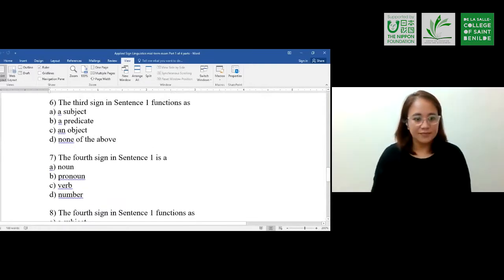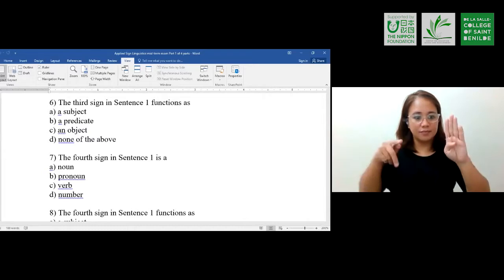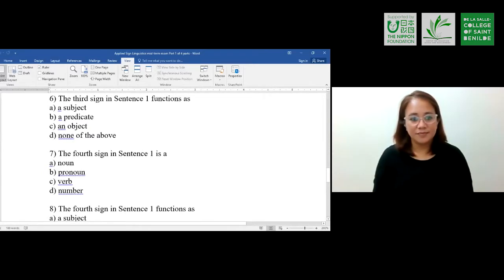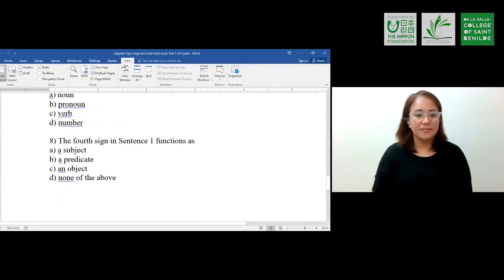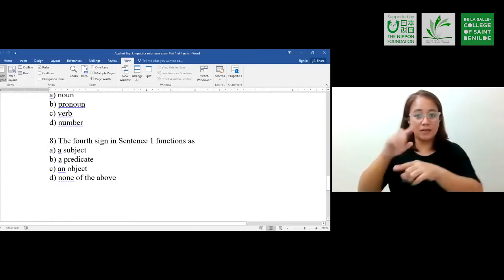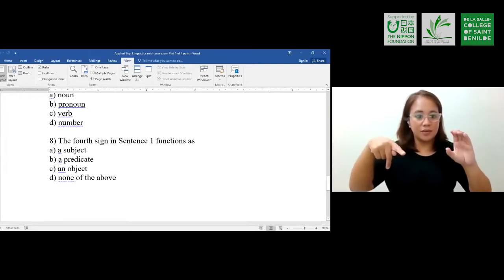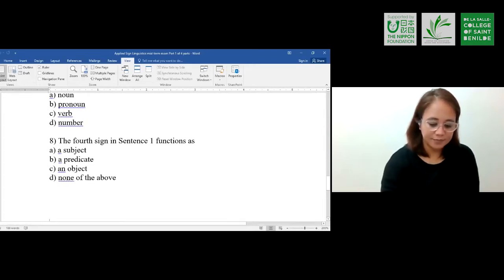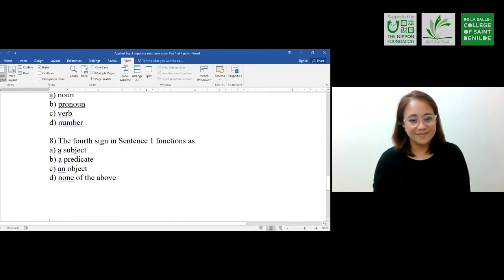The fourth sign in sentence 1 is A, a noun, B, a pronoun, C, a verb, D, a number. I see D. Yes, correct. And the fourth sign in sentence 1 functions as a subject, predicate, an object, none of the above. None of the above. D.